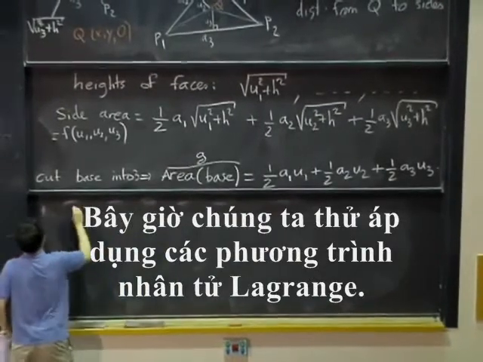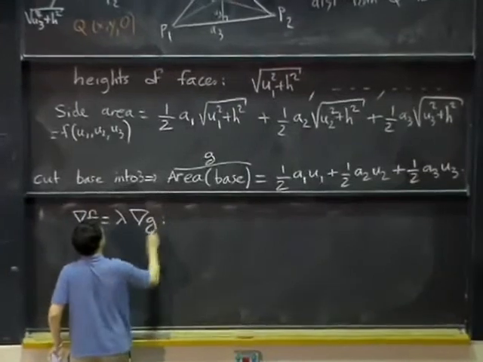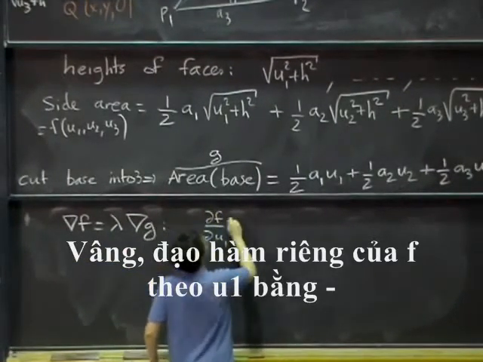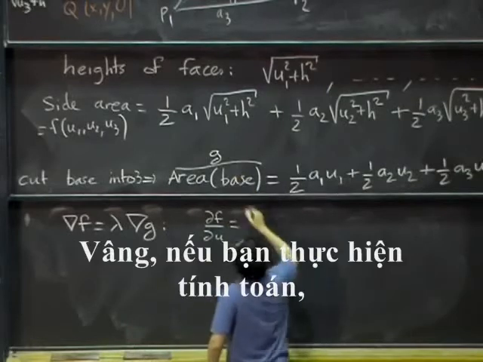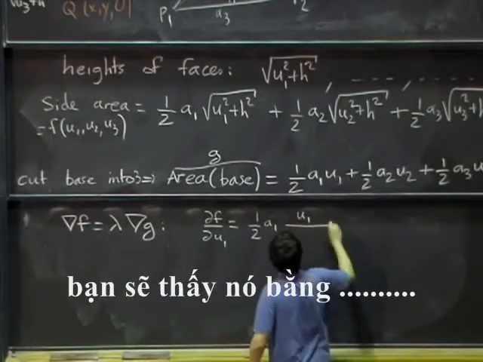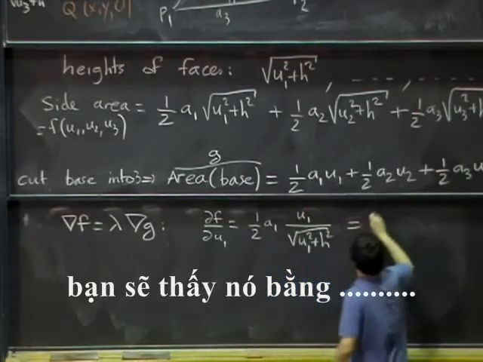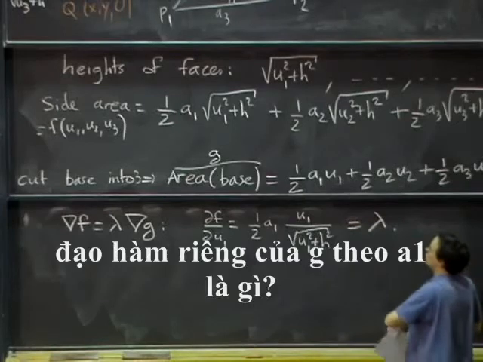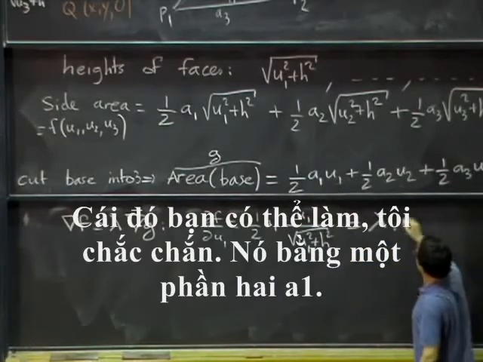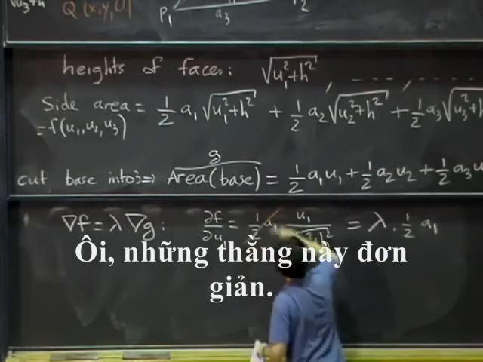So now if I write the Lagrange multiplier equations, well, partial F over partial U1 is, if you do the calculation, you will see it's 1/2 A1 U1 over the square root of U1 squared plus H squared, which should be lambda times partial G over partial U1. That one you can do, I'm sure. It's 1/2 A1. Oh, these guys simplify.